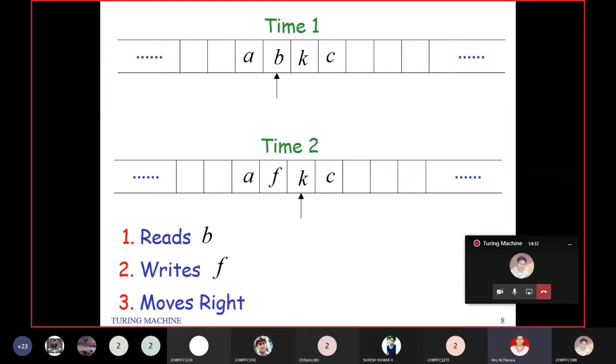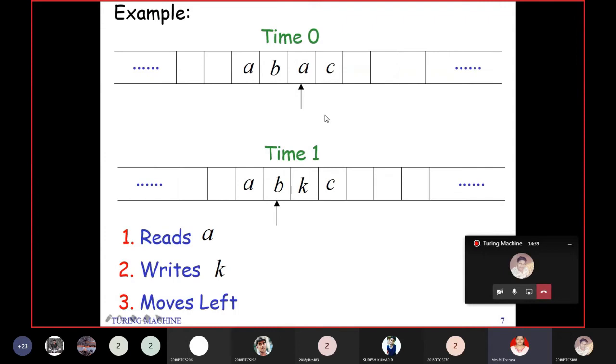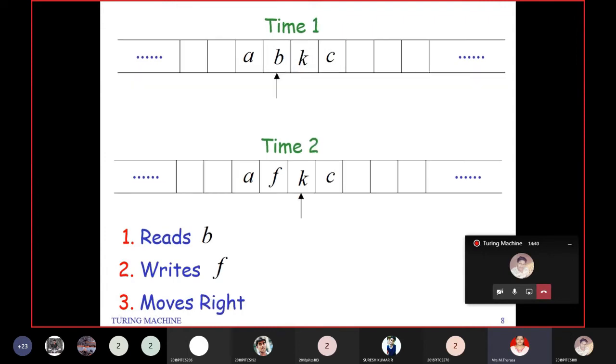We'll see another example for movement to the right side. Suppose you have A, B, K, C. Now suppose you want to replace this B by F, and move right. So this is how your configuration will look.